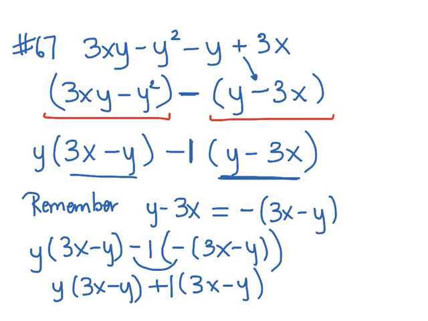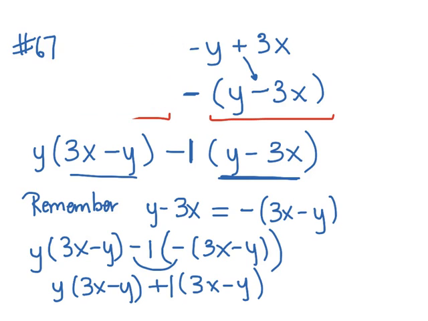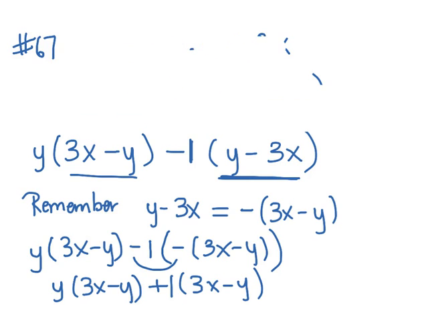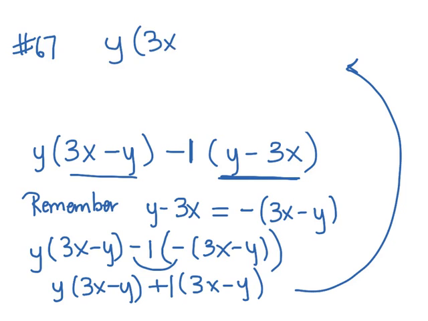So now I'm going to go ahead and erase this top part here. And I can regroup, right? So I have y times 3x minus y plus 1 times 3x minus y.